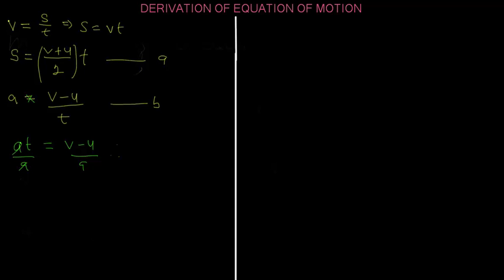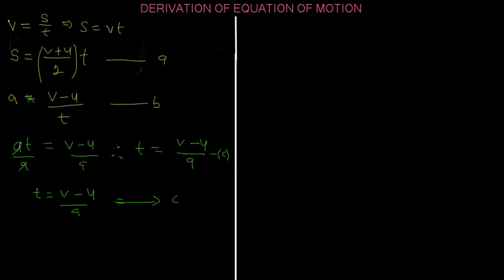So therefore t is equal to v minus u over a. Let's say this to be equation C.